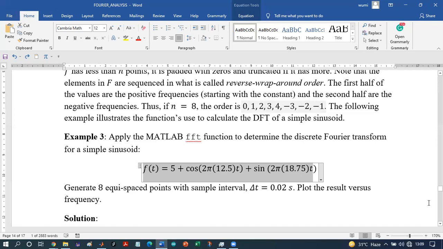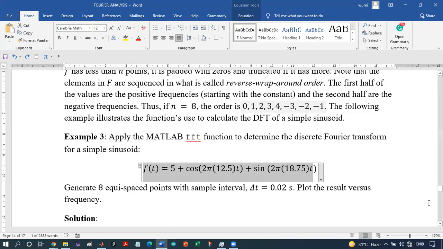So you calculate capital F of 0, F of 1, F of 2, and all of those. These values are just the amplitude of the signal at different points in time. So we now want to calculate the DFT of the signal.